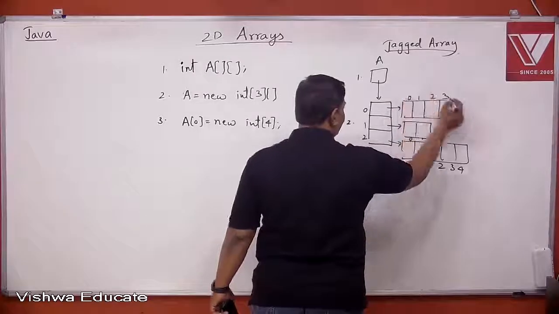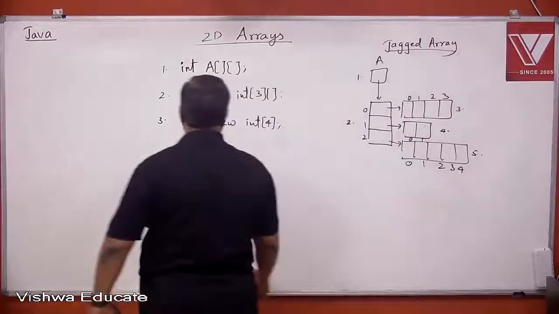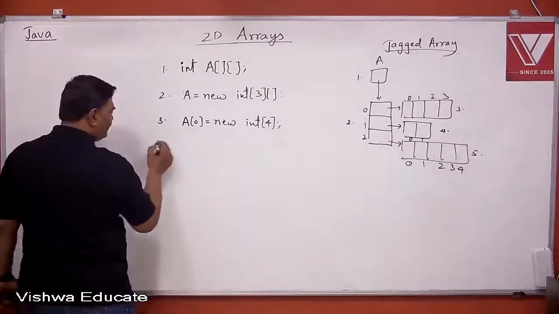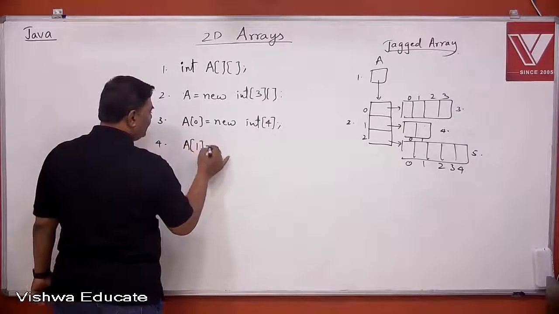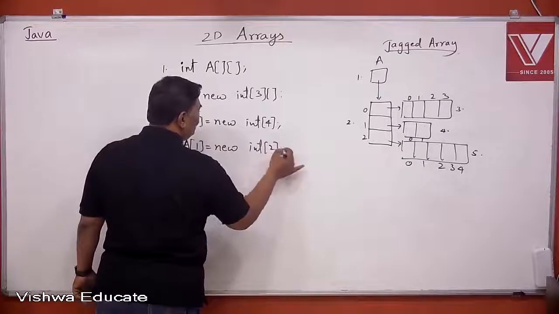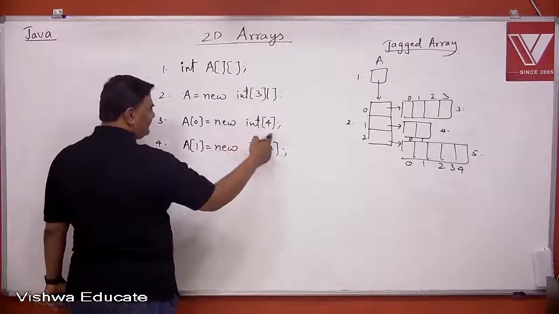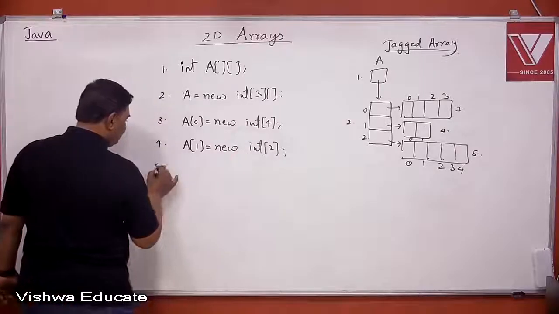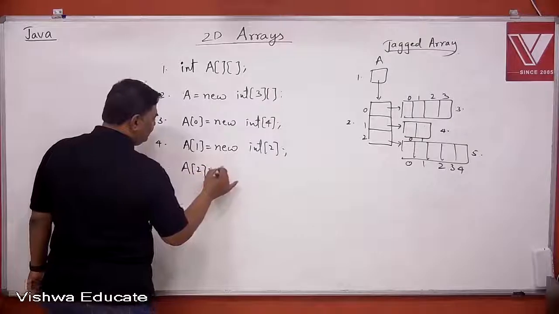So third, fourth, and fifth. Then fourth one, A of 1 is new int of size 2. So this is just an array of elements. So this is an array of references, this is an array of elements, and the fifth one is again an array of elements.